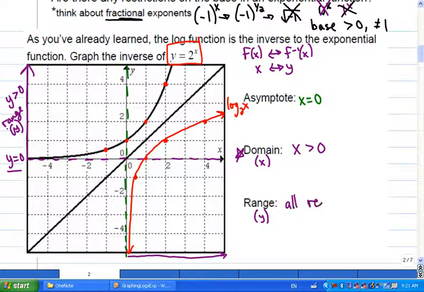We'd have all real numbers. The domain of the function is going to be all real numbers, so the range of the inverse is going to have all real numbers. And you can see it in the picture here too. It's going to go down as far as we want along that asymptote, and it will eventually keep rising higher and higher and higher as it goes on, but it would be all real numbers for the range.